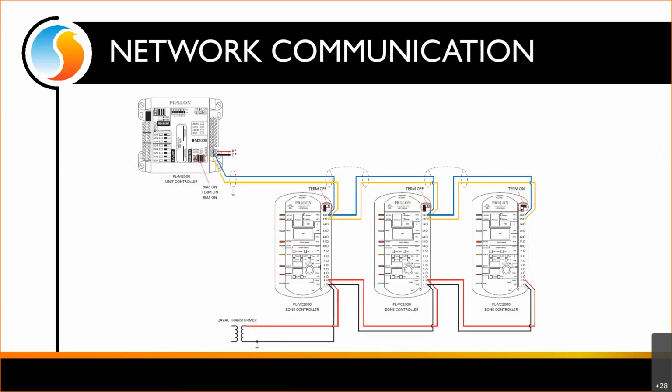Okay, so the boiler or the chiller or both could go on the network segment here with these VC2000 zone controllers. So that way, that allows that rooftop to communicate with the boiler or with the chiller directly, and will be able to relay that demand from the zones if we set it up that way.